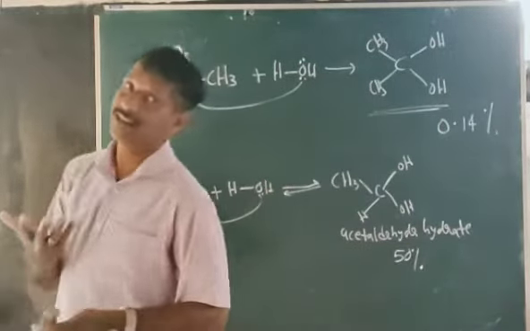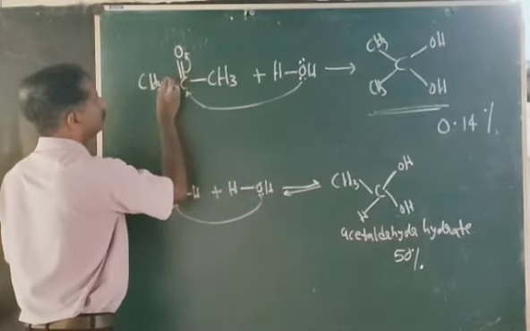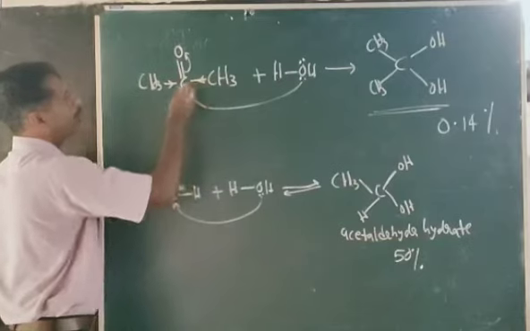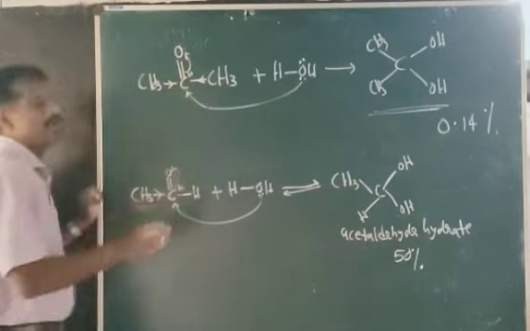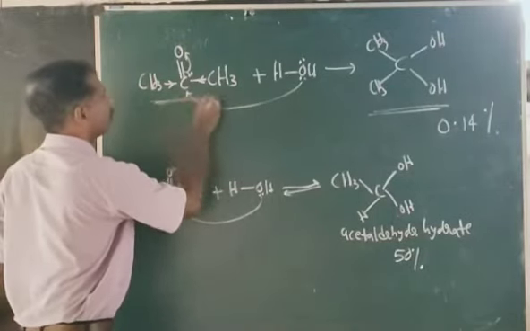The reason is very clear to you. In the case of acetone, there are two electron donating groups. Here is an alkyl group and here is also an alkyl group, which will highly reduce the positive charge on the carbonyl carbon. Therefore, this ketone will be highly stable.